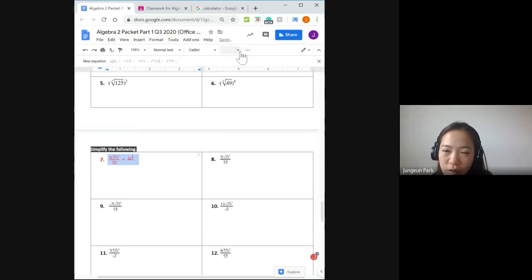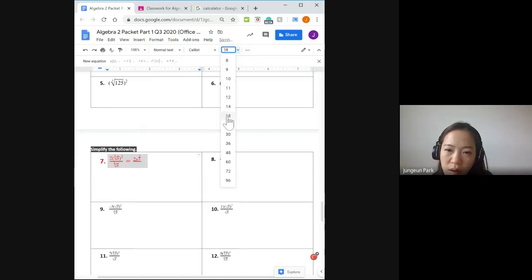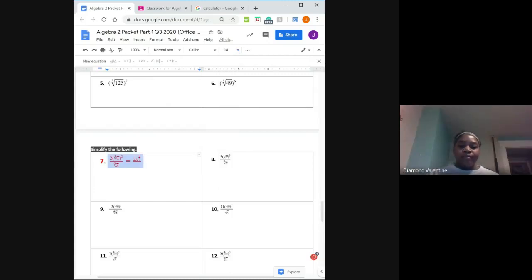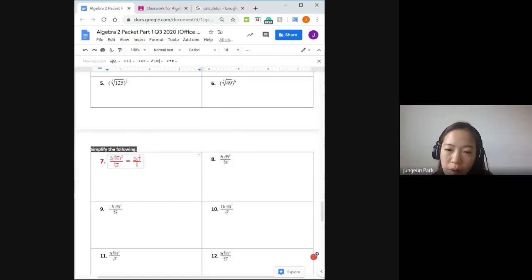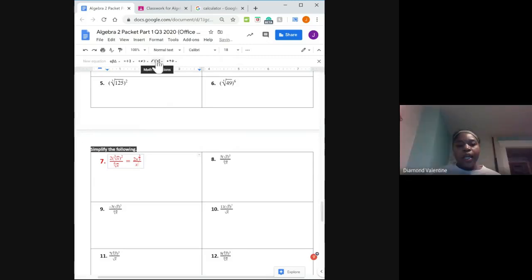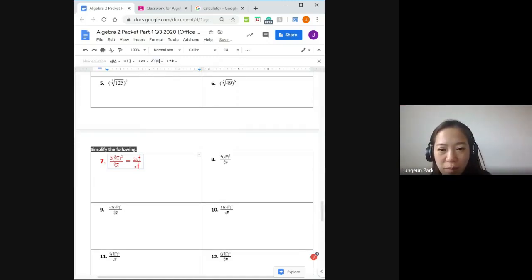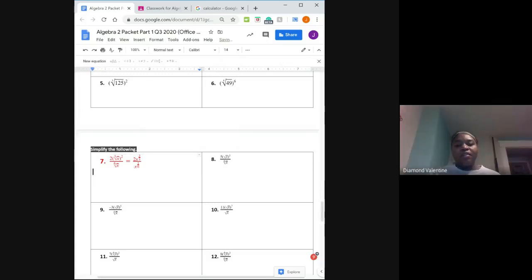Let me make it larger so you can see it better. That's better. What about the denominator? The denominator can be tricky because it would be x and then 1 over 6. Very good. But where did you get the 1 from? It's from the numerator, because if a base doesn't have an exponent, it's automatically an invisible 1. Very good.